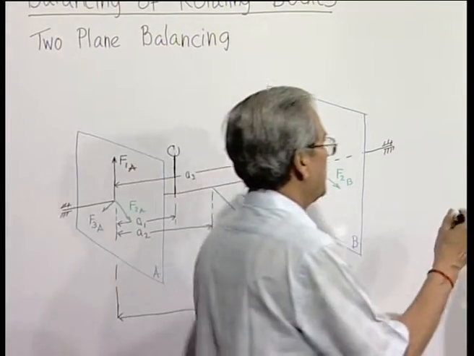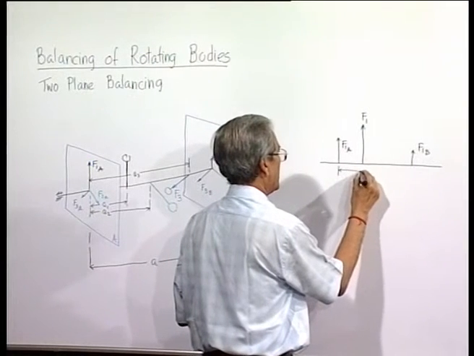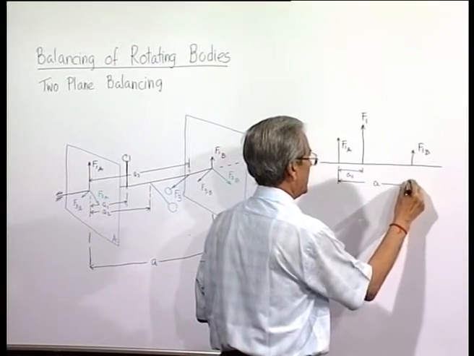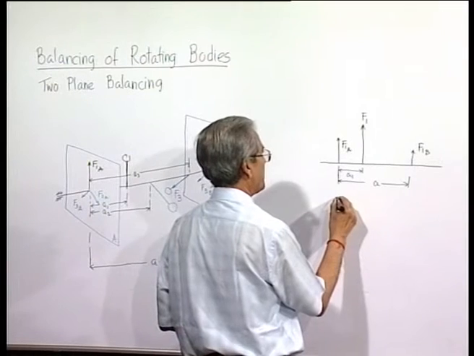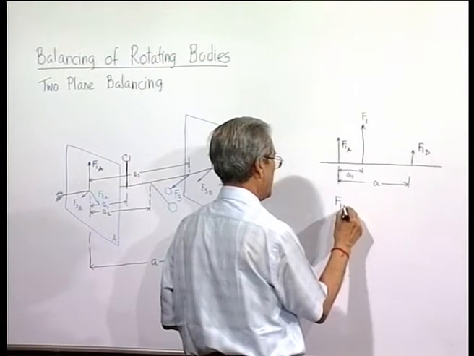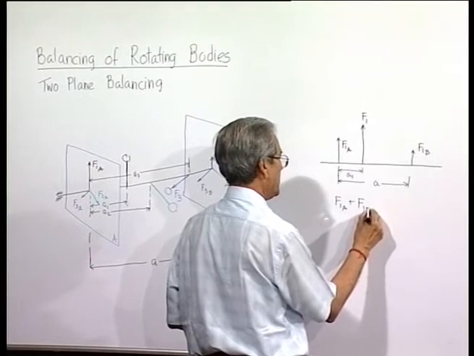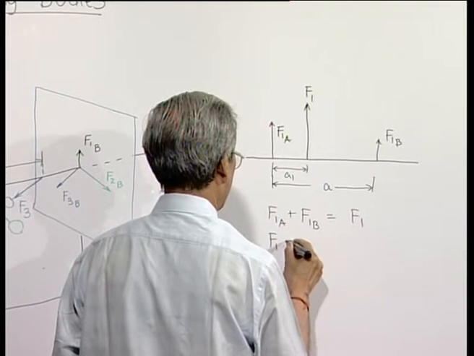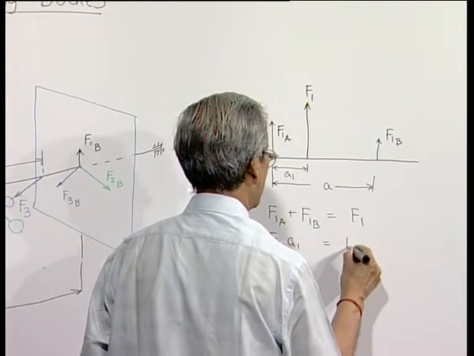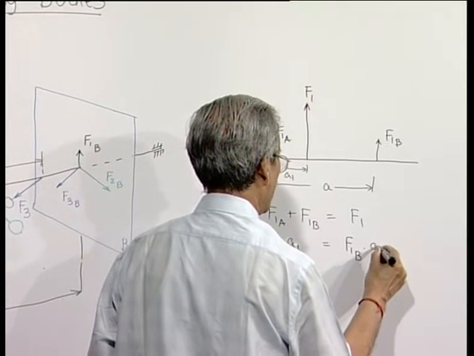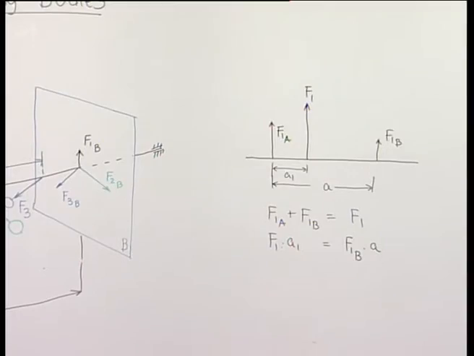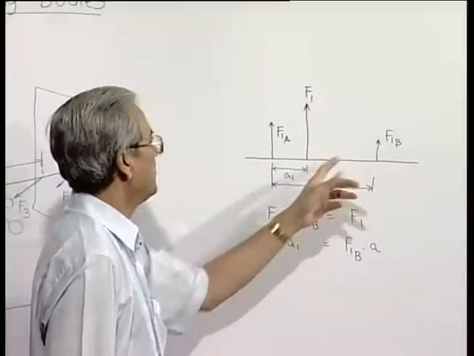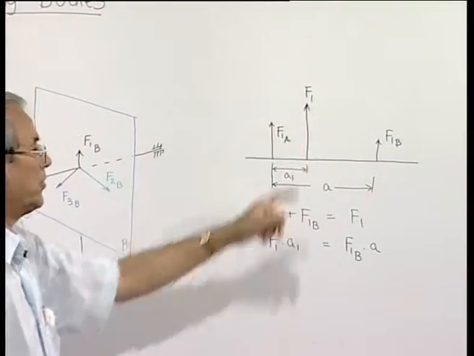As you can say, if this distance is A1 and this distance is A, as I have chosen here, then we will have F1A plus F1B must be equal to F1, and F1 into A1 must be equal to F1B into A. This is the condition, or these are the equations to be satisfied if this force system is to be equivalent to this single force.